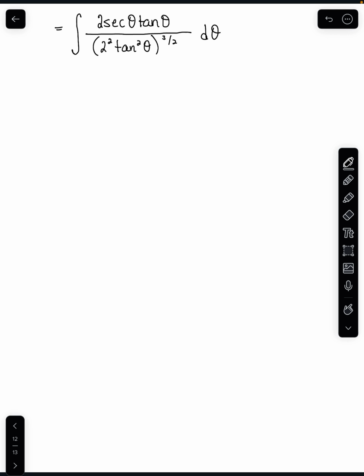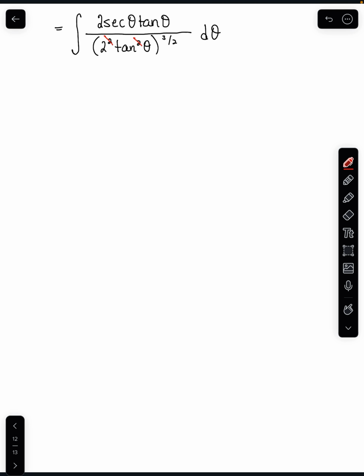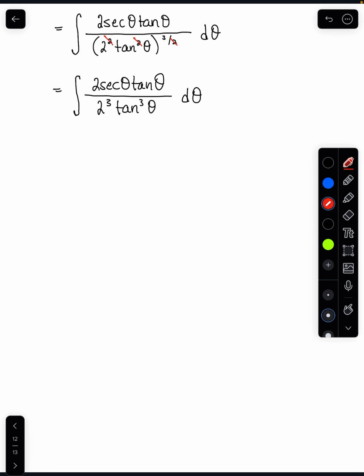Since both of the factors in the denominator are being squared, that will cancel out cleanly with the denominator of 2 in the exponent on the outside, so that we are left with 2 secant theta times tangent theta, and in the denominator we have 2 cubed times tangent cubed theta. And we're going to very nicely get some simplification here.